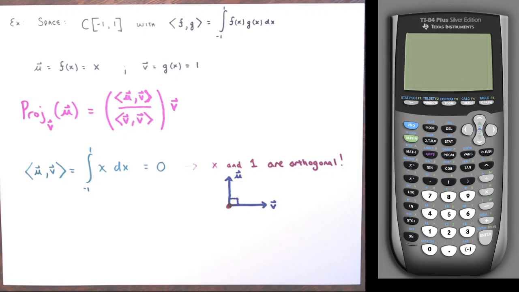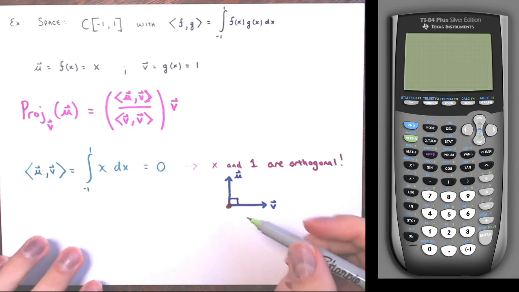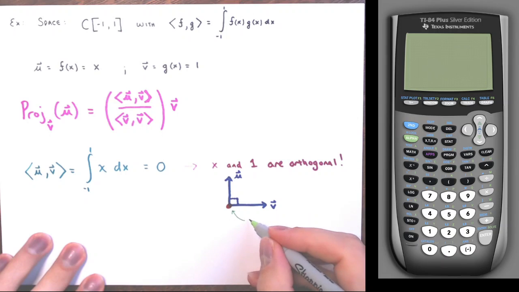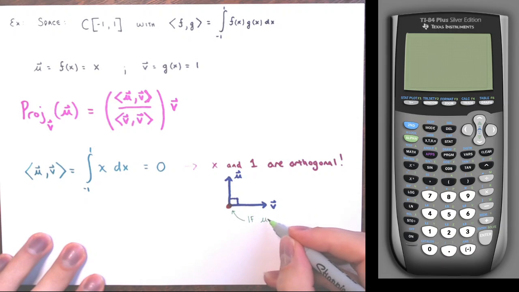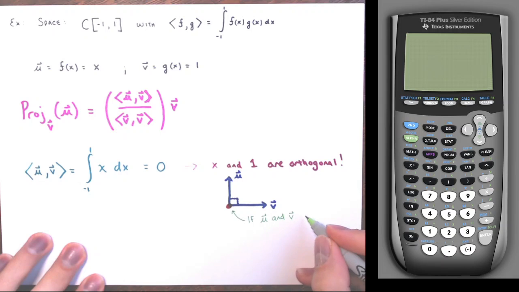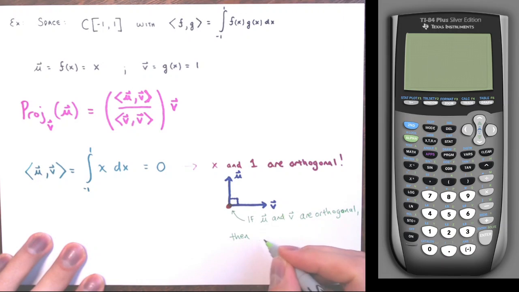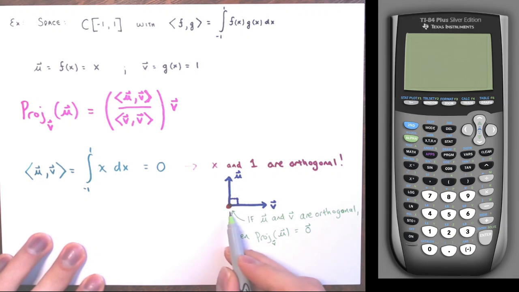And this is the case in any inner product space, not just here. If u and v are orthogonal already, then the projection of u onto v is simply the 0 vector, just a single point.